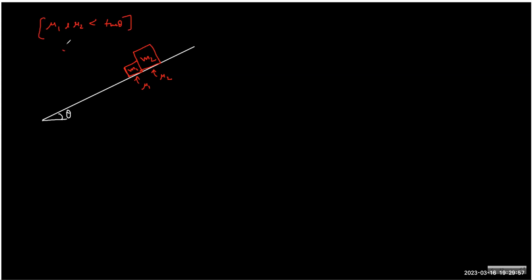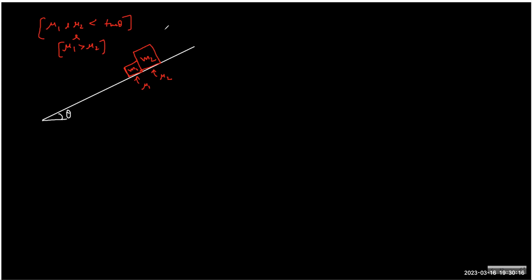But mu1 is more than mu2 again. You know what will happen? Any guess? Now both want to move down the plane, yes or no? Yes. But who wants to move faster?